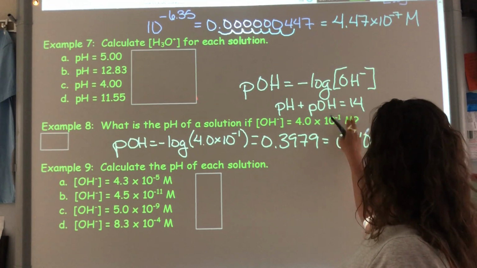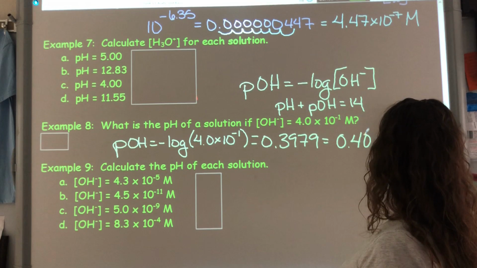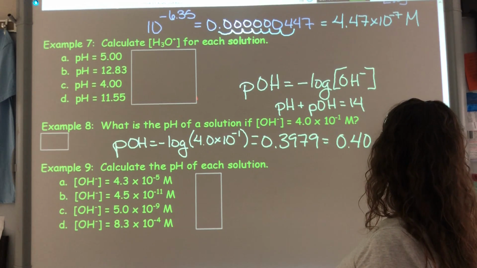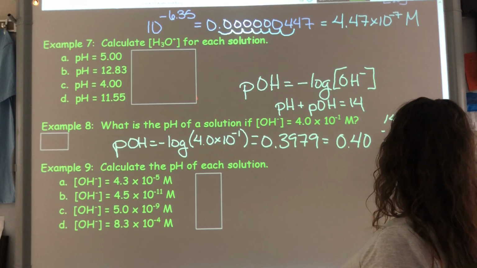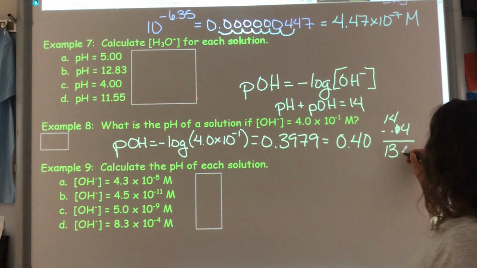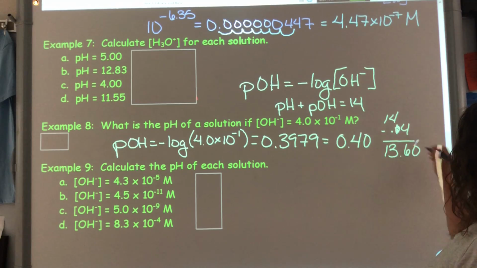And now I'm going to subtract that from 14, so 14 minus 0.40, and I should get 13.60.